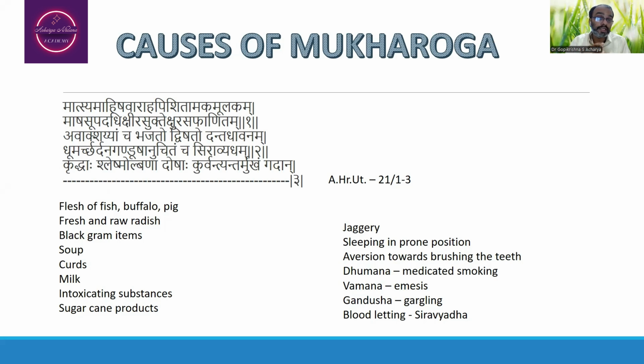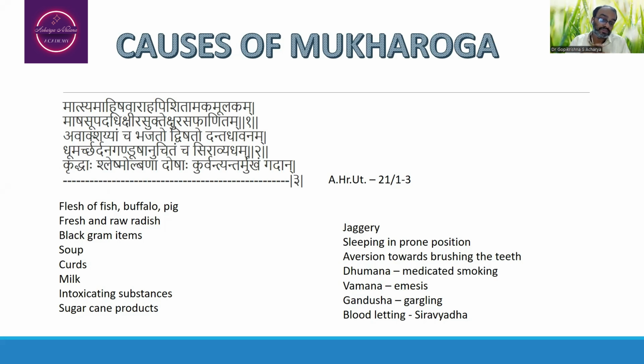They are mentioned in the context of Mukha Roga, where the possibility of affliction of the Mukha exists. When you split this word: Matsya, Mahisha, Varaha, Pishita, that is Matsya Pishita, Varaha Pishita and Mahisha Pishita, the flesh of fish, buffalo and pig.